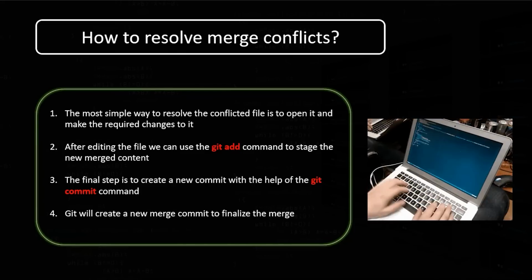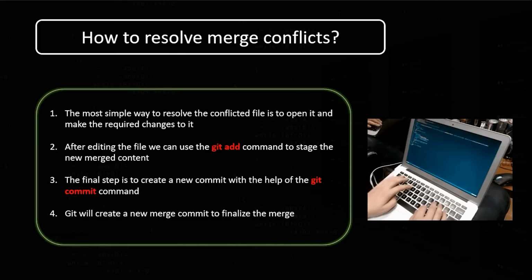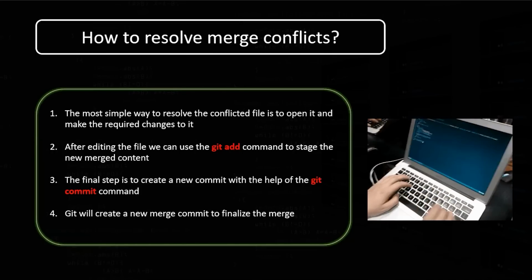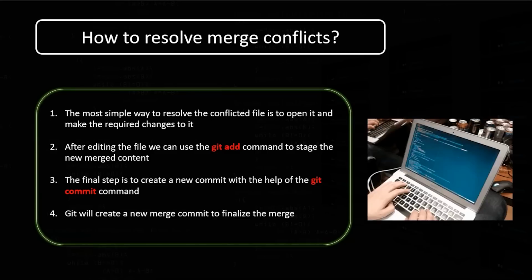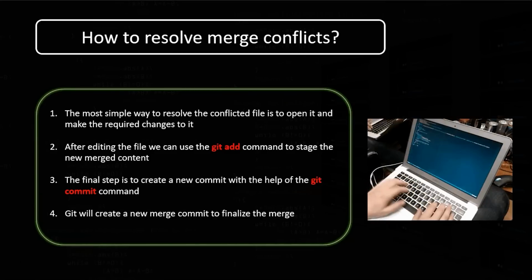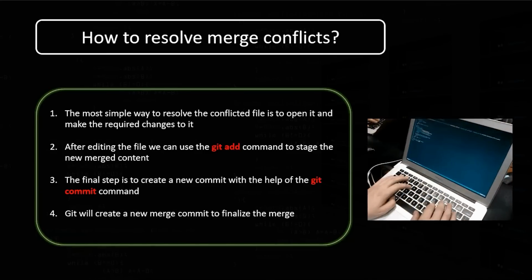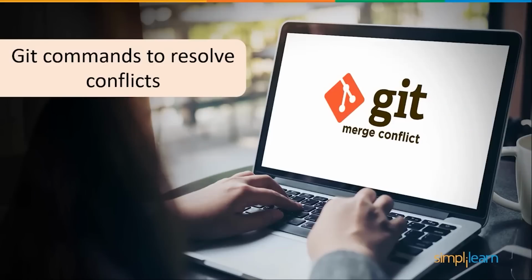So git add and git commit is what you will be doing in that situation to have the final merge executed. These are the steps we can follow to resolve custom merge conflicts. Now, the various git commands which we can use to resolve the conflicts.